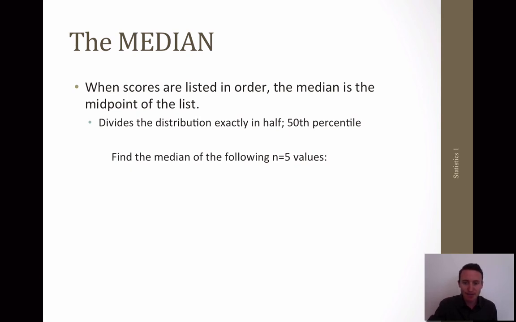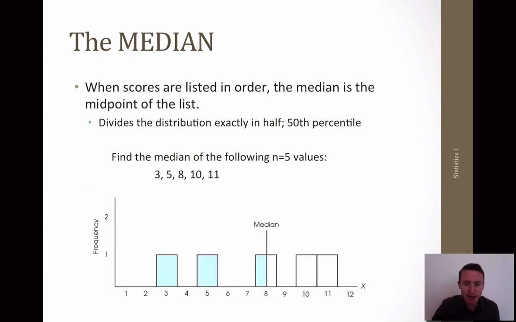Let's look at an example. Find the median for the following 5 values. They're already in order, but if they weren't, you'd have to rearrange them. And then you simply find the middle value. Here the middle value is 8. And here it is in a histogram. What happens if you have an even number of scores?